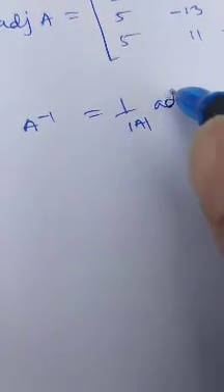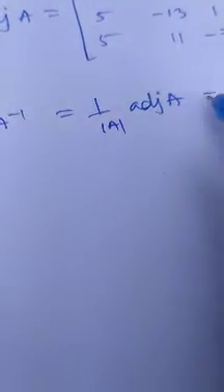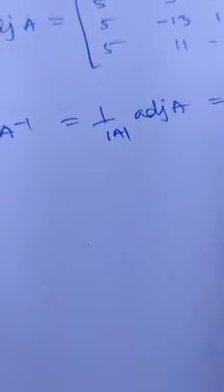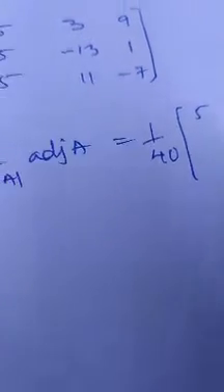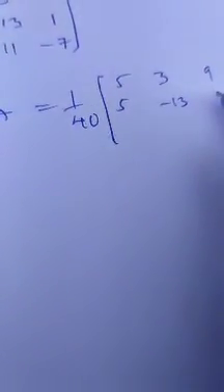Now A inverse is 1 by det A into adjoint. 1 by 40 into the adjoint 5, 3, 9, 5, minus 13, 1 and 5, 11, minus 7. This is A inverse.